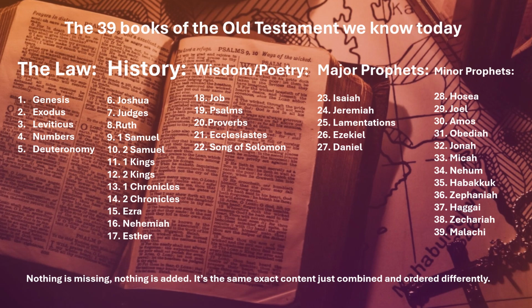Through that process of canonization, a large influence on the way that we have our books today comes from the Septuagint. Now, the Septuagint is the Old Testament translated into the Greek. Because of the widespread Greek culture during the intertestamental period, Alexander the Great took over the land of Judea.